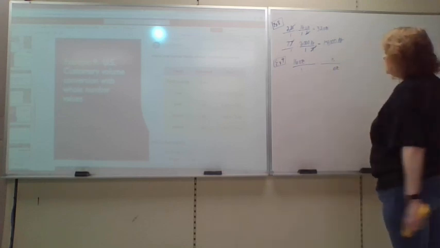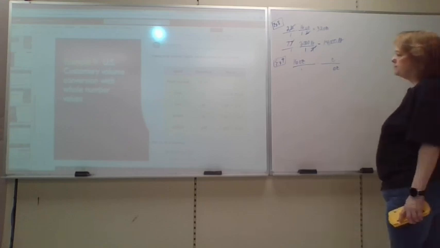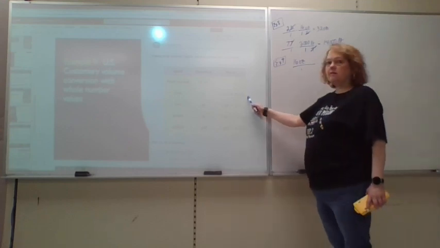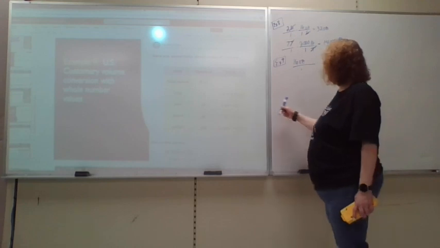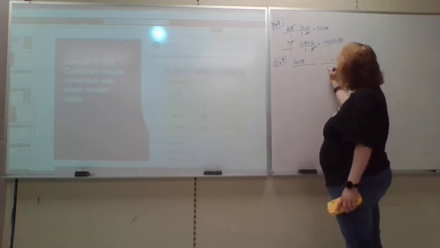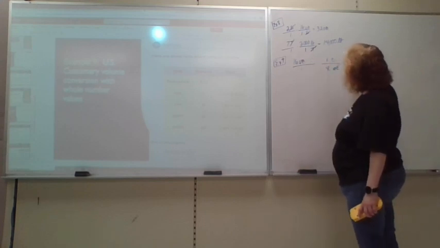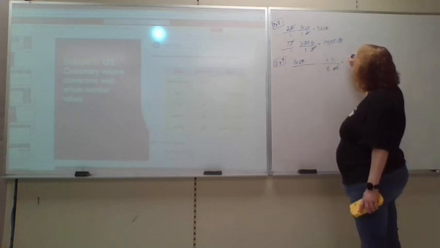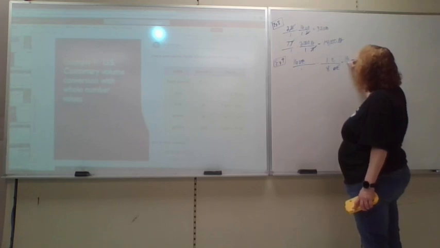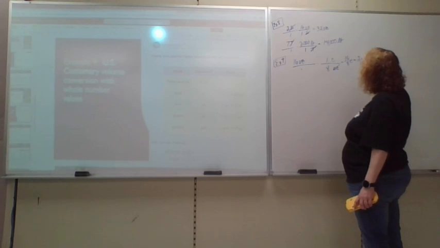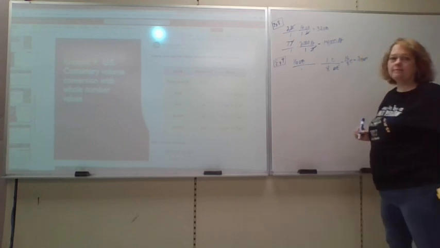Which one of these facts over here is going to help me? The first one, yes. So I'm going to put 8 here and 1 here. Ounces go away. That leaves me with a multiply across. That's 16 over 8 cups, which reduces to 2 cups. Right?